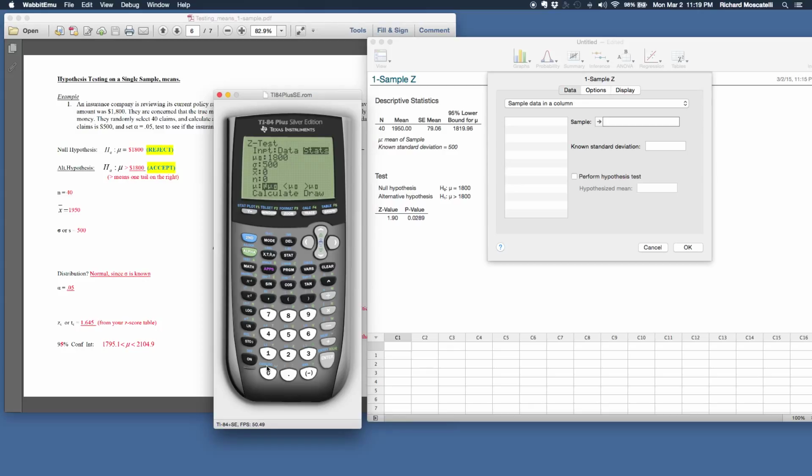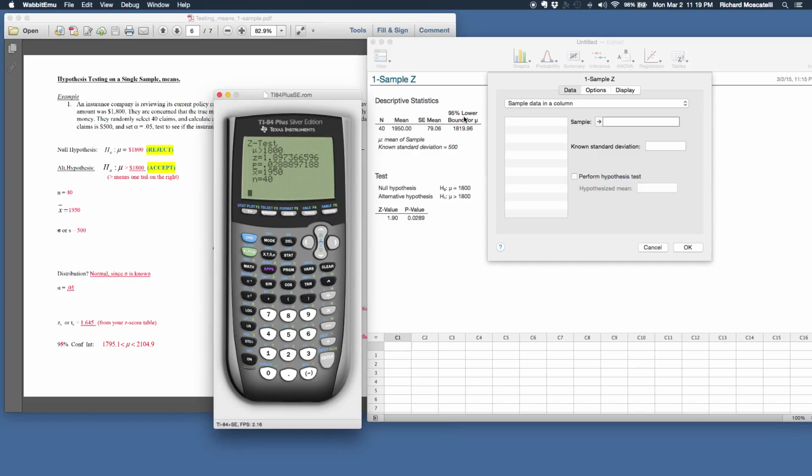The sample mean, x bar, which is 1950. N, the number of data values, 40. Here's where you select the alternative. Greater than. All right, not much to do. You go on top of calculate, hit enter, and it's going to crunch the same output here.